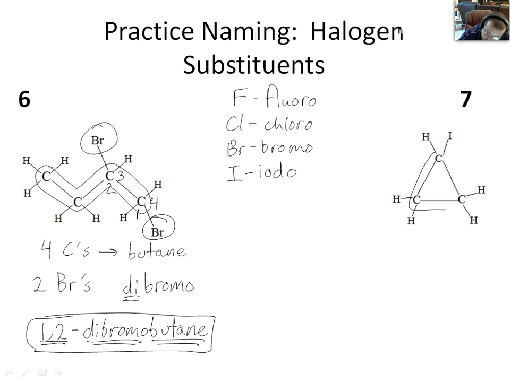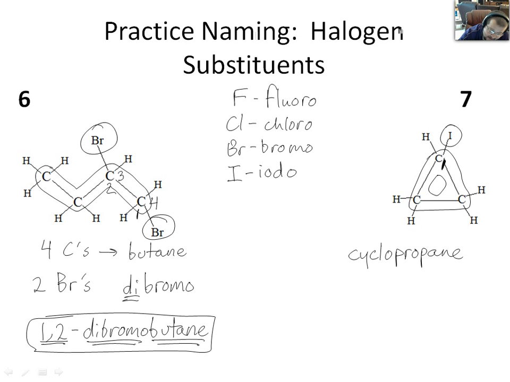Now, let's tackle number 7, since we've got number 6 named. Parent chain is 3 carbons. We haven't come across a 3 carbon yet. And I've got 1 I group that's hanging off of it. My parent chain is in a cycle, so we're going to call it cyclo, and the prefix for 3 is prop, so cyclopropane. Since I only have 1 group hanging off in a ring, you can choose anywhere to start, so I'm going to name this the number 1.